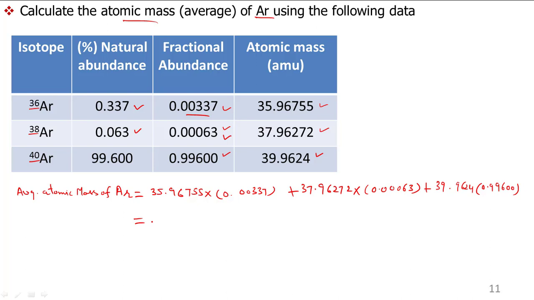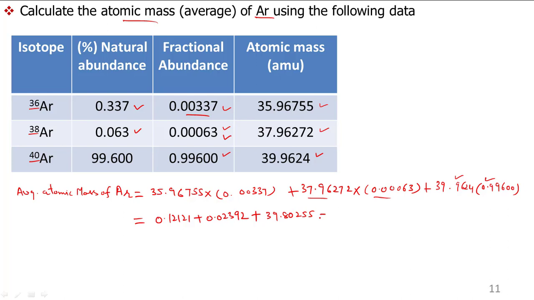Now if you solve this, let us see how much value it will give us. 35.96755 into 0.00337 is 0.12121, plus 37.96272 multiplied by 0.00063 gives something like 0.02392, plus the third multiplied gives something like 39.80255.